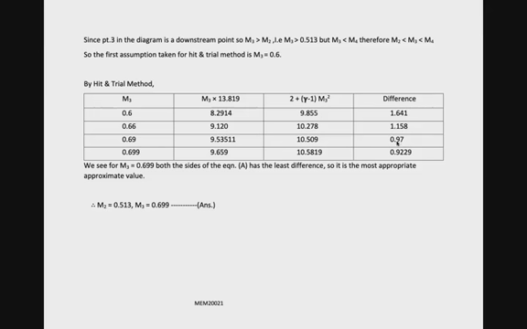The least difference is 0.922, which is for M3 equal to 0.699. So for M3 equal to 0.699, both sides of equation A have the least difference, so it is the most appropriate approximate value. Therefore M2 is equal to 0.513 and M3 is equal to 0.699.